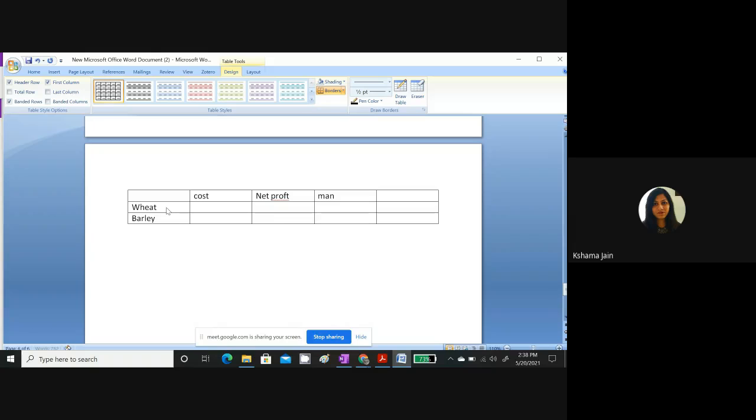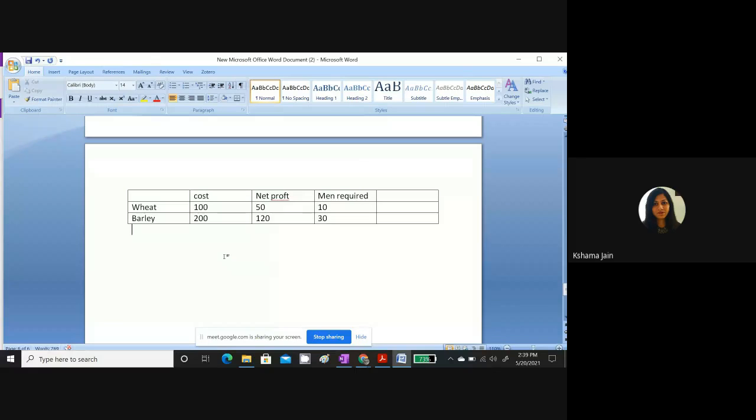Here is man required. So cost is 100. Down it's 200. Profit is 50. This is actually the data we require. Man required 10 and 30.